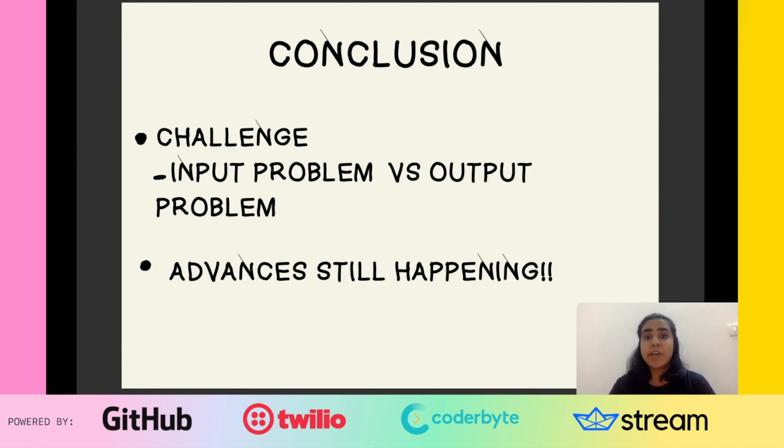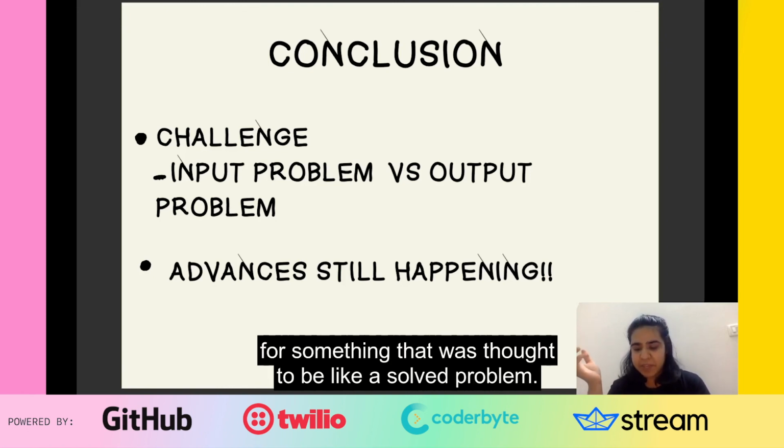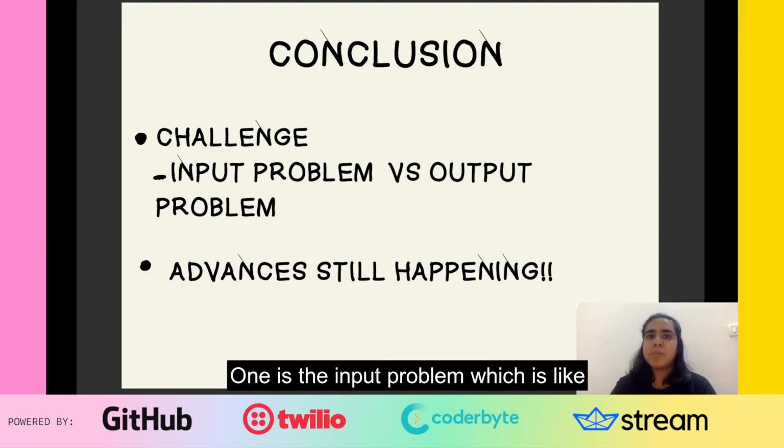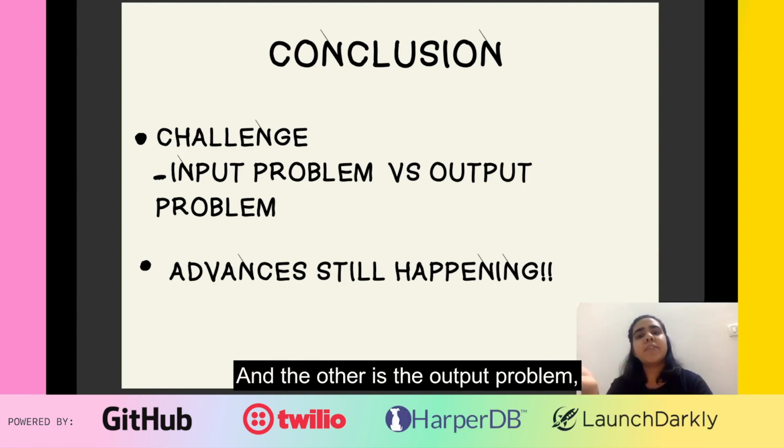So in conclusion, advances are still happening for something that was thought to be a solved problem, and one of the challenges is that there are two problems here. One is the input problem, which is what floating point number you are giving to the algorithm, and the other is the output problem.